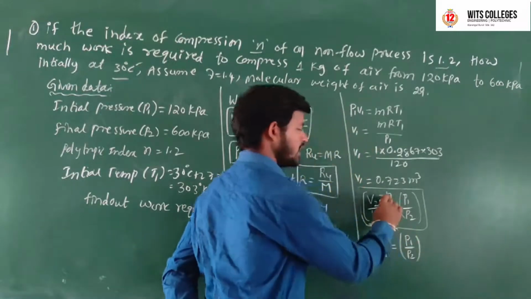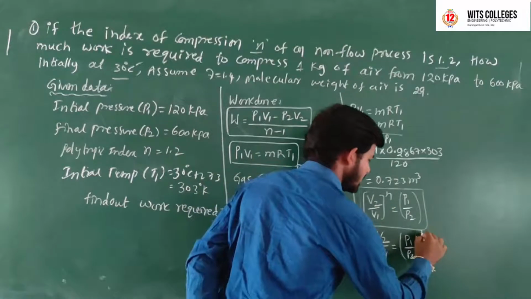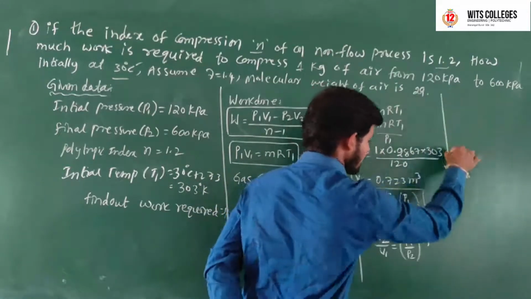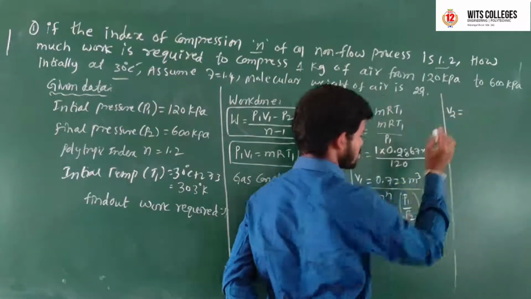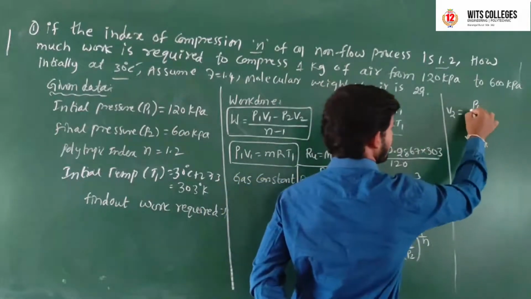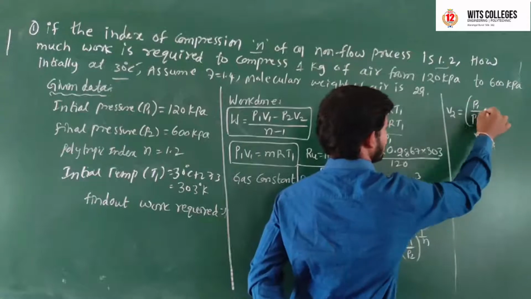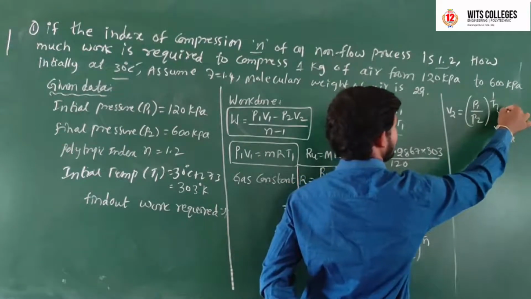The n value comes to this side as 1 by n, and here we find the V2 value. V2 equals (P1 by P2) whole power 1 by n, into V1.